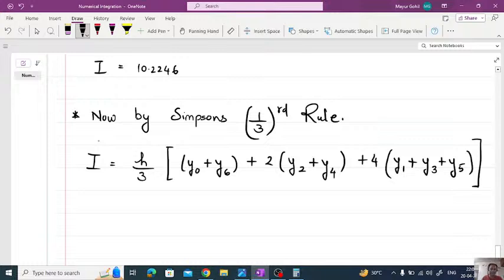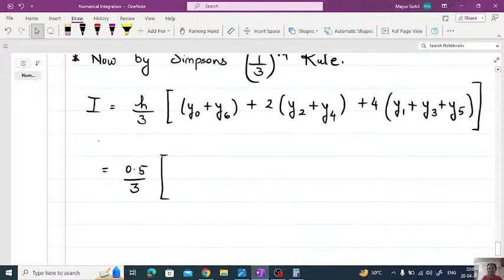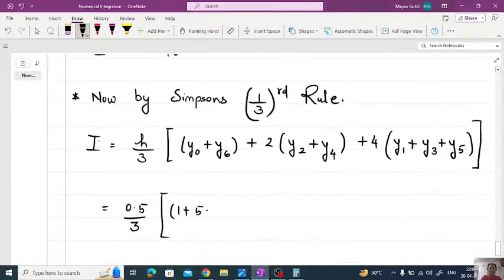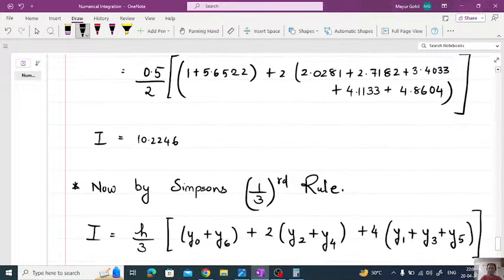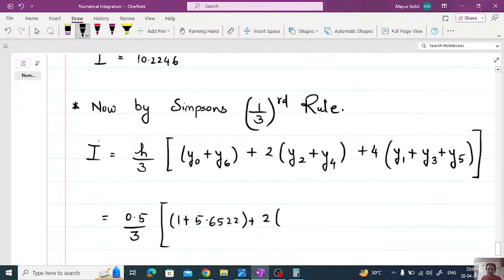So here you will need to do the appropriate substitution by 0.5 divided by 3. It will be the same thing as in the first one: 1 plus 5.6522 plus 2 times, here there will be 2.0281.